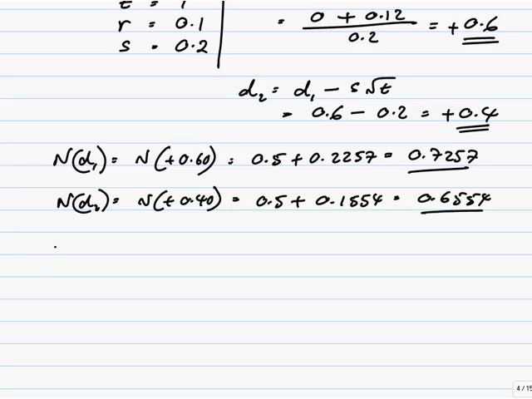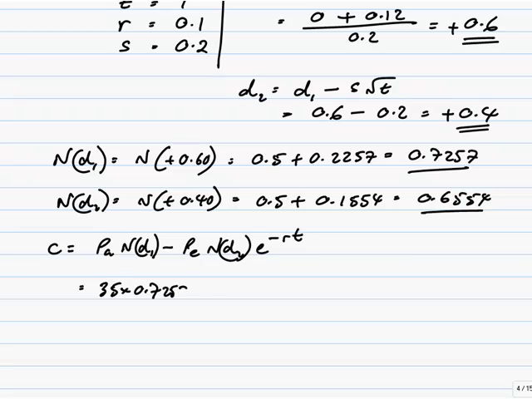Now we can use the big formula, the value of the call option. PA ND1 minus PE ND2 e to the minus RT. PA was 35 times ND1, 0.7257. PE is 35 times ND2, times e to the minus.